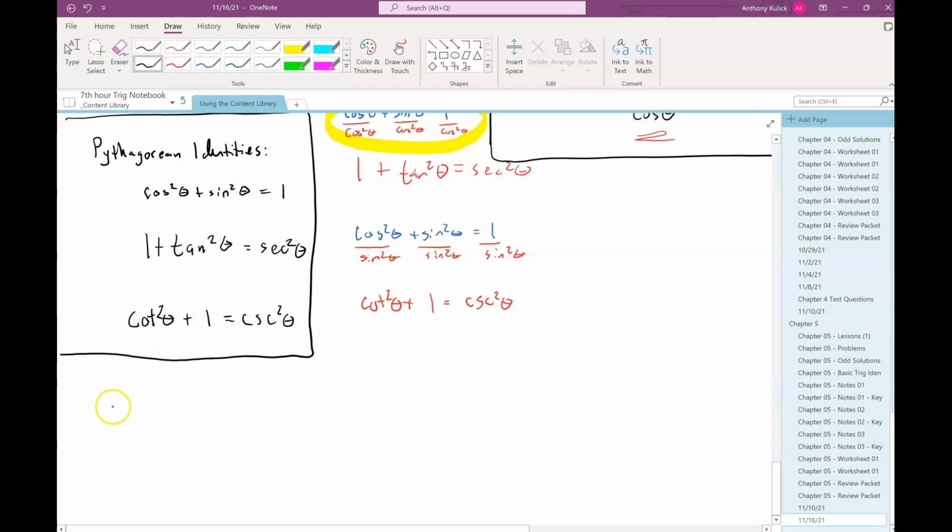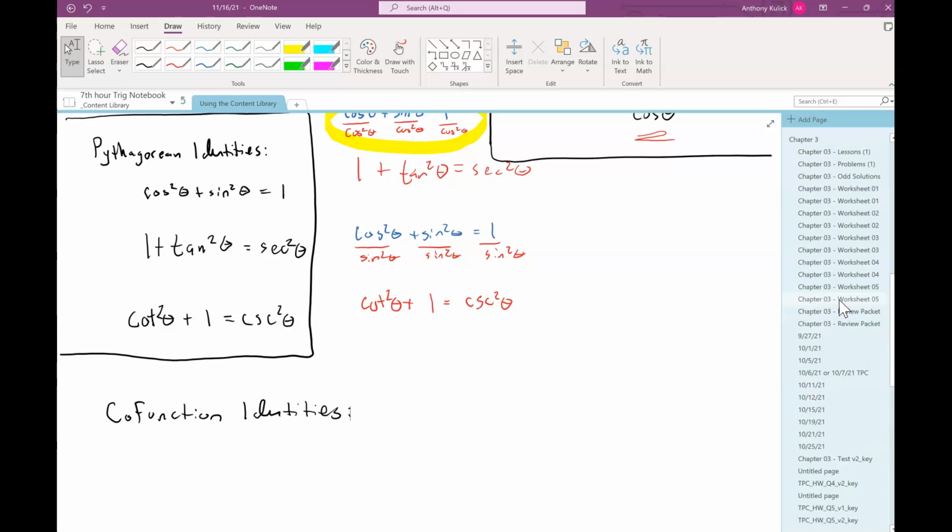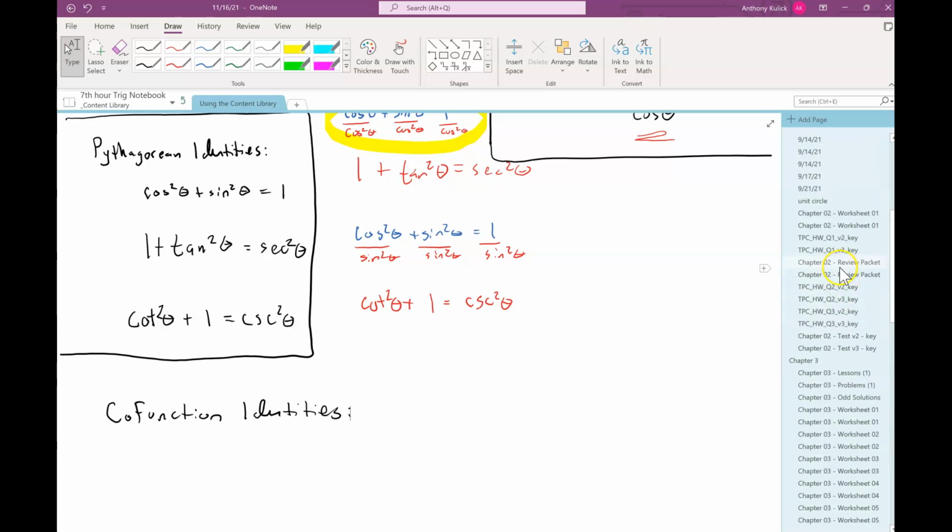Our next set is called the cofunction identities. And to talk about these ones, I just want to go back and refer to the unit circle for a moment.